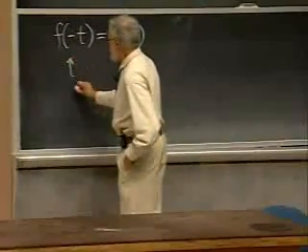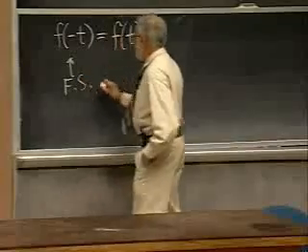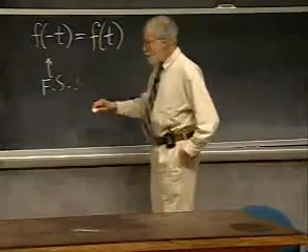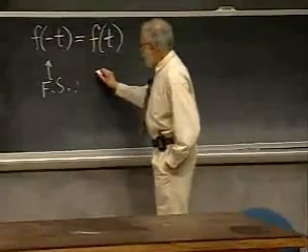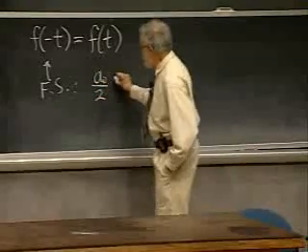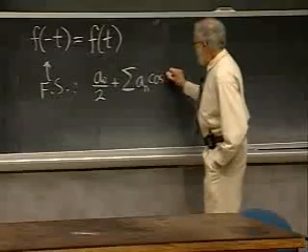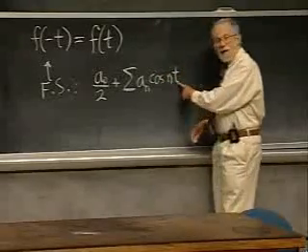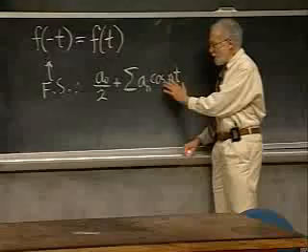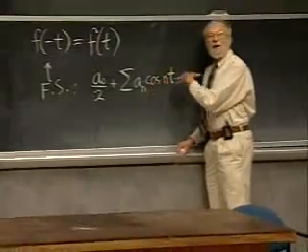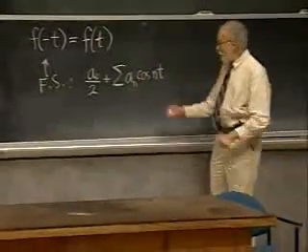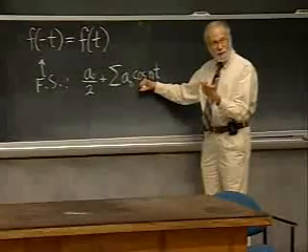So the Fourier series for this looks like a0 over 2 plus summation what? Well, the an cosine nt, that does not change, because when I change t to negative t, the cosine nt stays the same, because it's an even function.